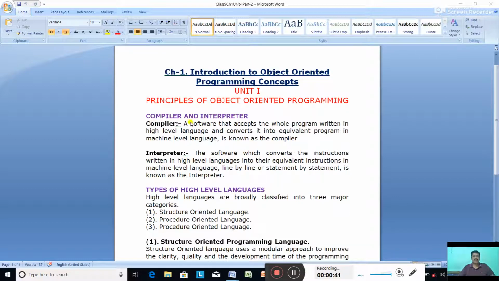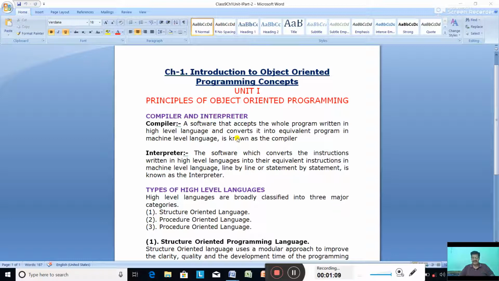Now we'll discuss the compiler and interpreter. See, a program in high level language needs to be converted into machine code, that is called binary code, so that the computer can understand the instructions for processing. The computer understands only the machine level language, that is the binary codes. So if the program contains any error, then it must be corrected for successful execution.